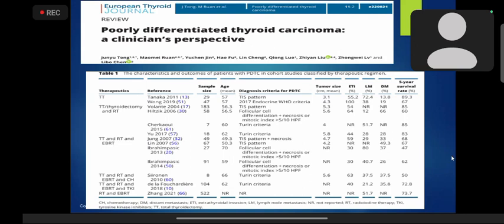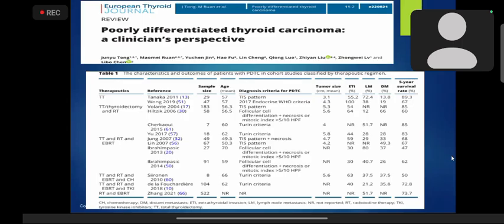And also important to note is that many times when you refer the patient for RAI, you have to understand that in poorly differentiated tumors, only those tumors in which the MAP kinase pathway is intact will respond to RAI.